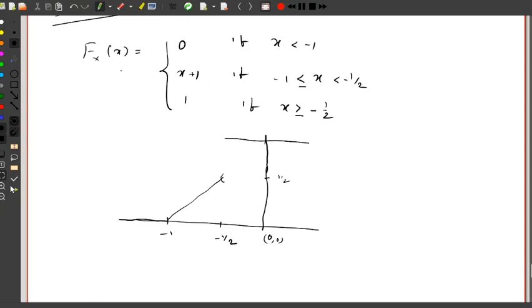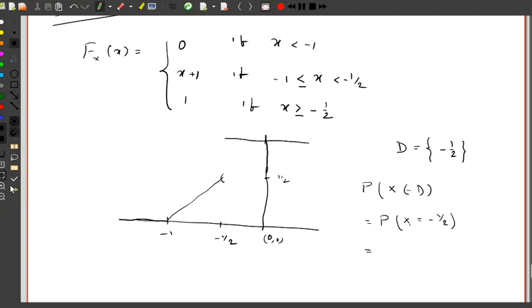Now, if I want to check whether the random variable X is discrete or not, I have to start with the set D, which is the set of points of discontinuity of the distribution function, which is minus half in this case. Then I find the probability that X belongs to D, which in this case is the probability that X equals minus half.